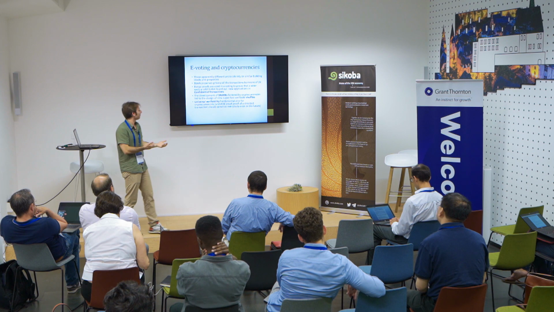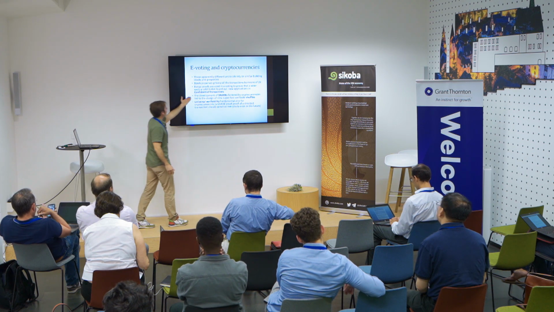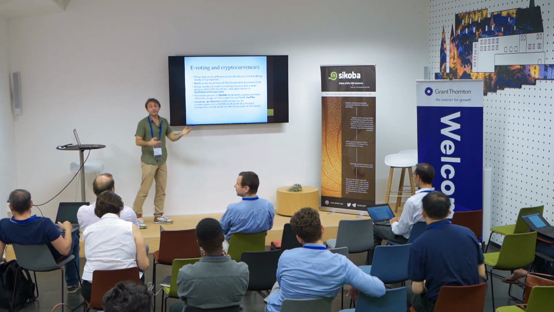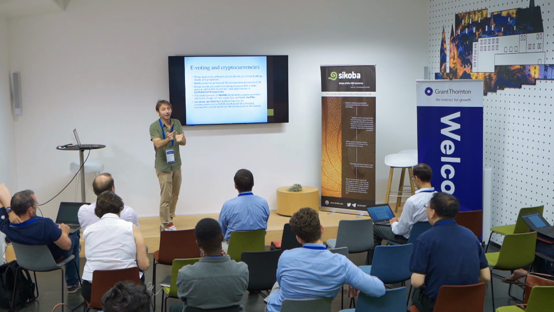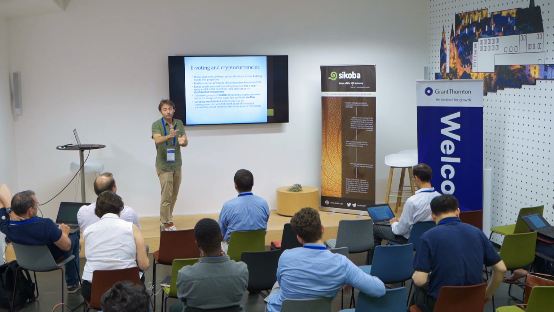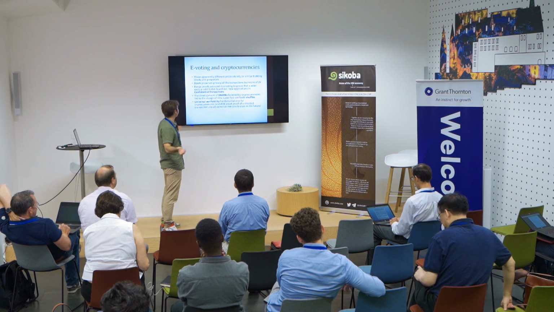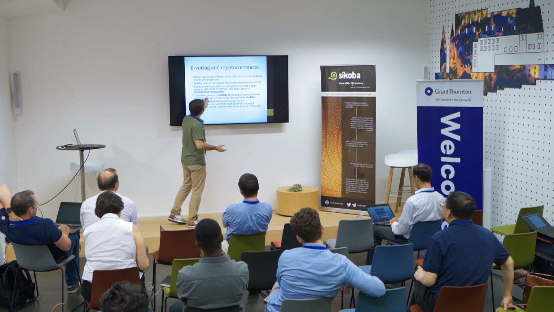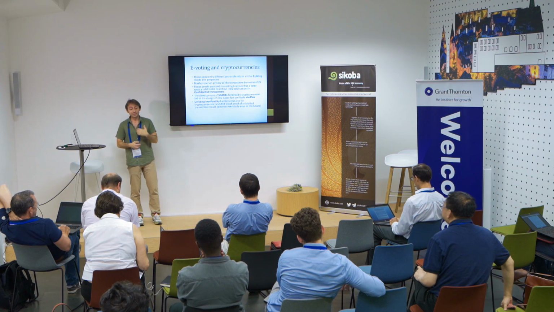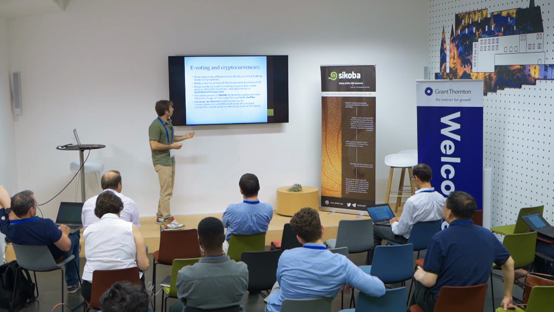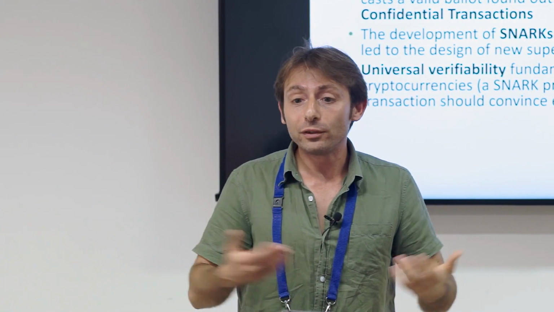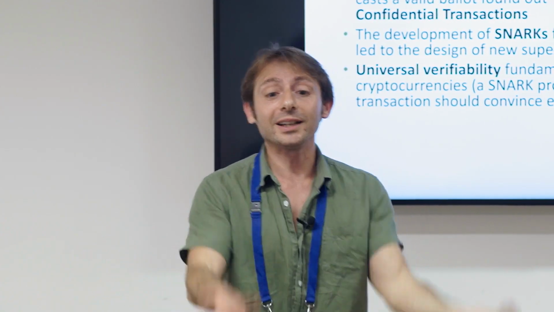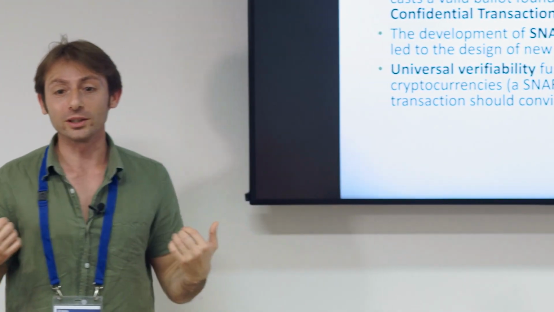Zero knowledge is a SNARK. Confidential transactions use range proofs, which are a useful tool also used in e-voting. So you want to prove that your ballot, the vote you cast, is in some range. And the development of this SNARK technology actually now led to very fast shuffles that in turn are useful again in e-voting.